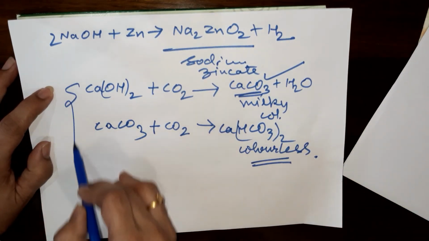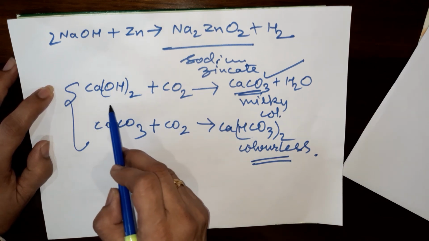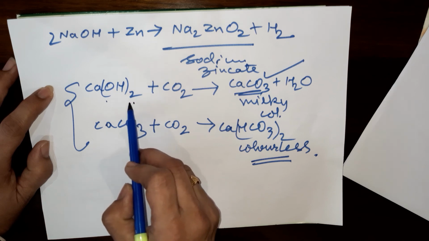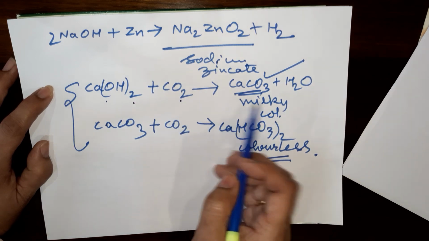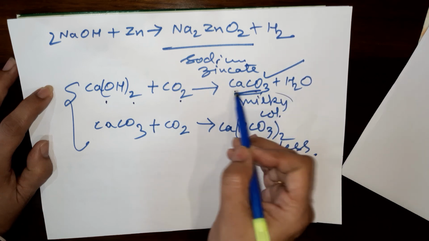One more reaction is good for you to remember: calcium hydroxide, when it reacts with CO2, turns milky, though it was colorless. The milky color is due to calcium carbonate.